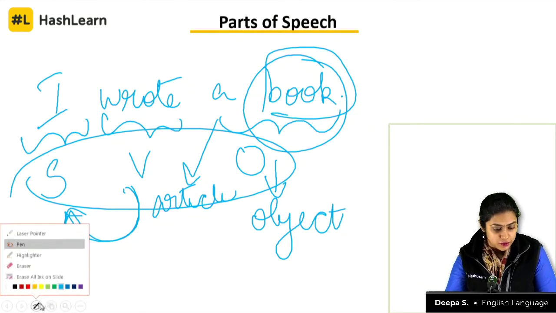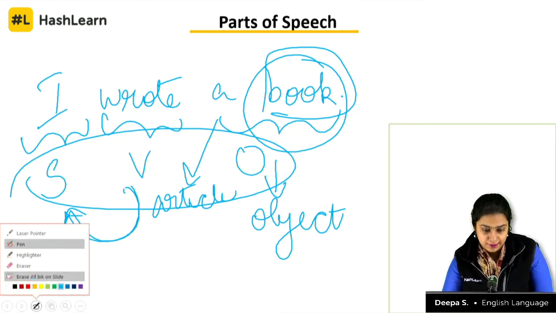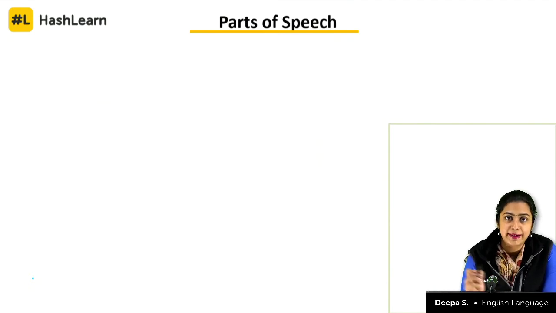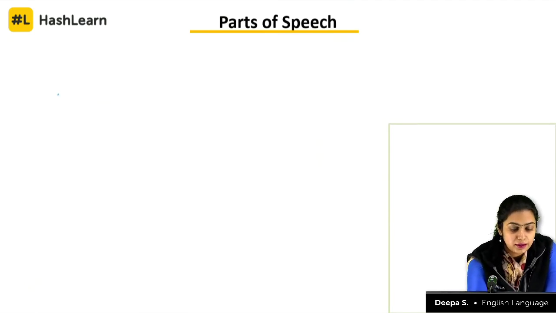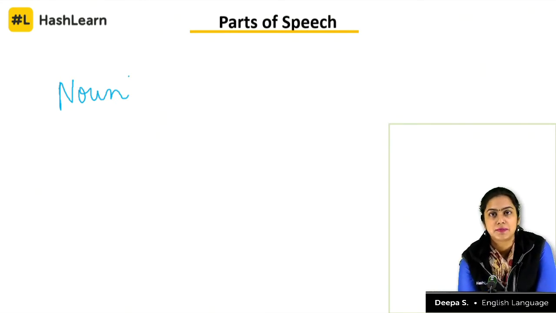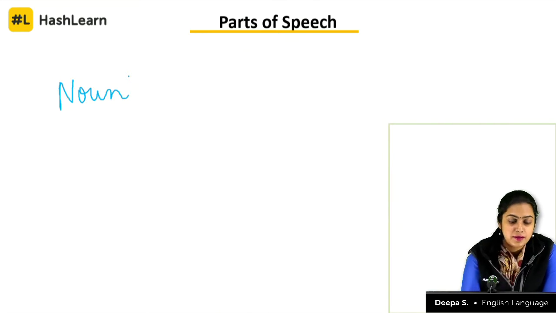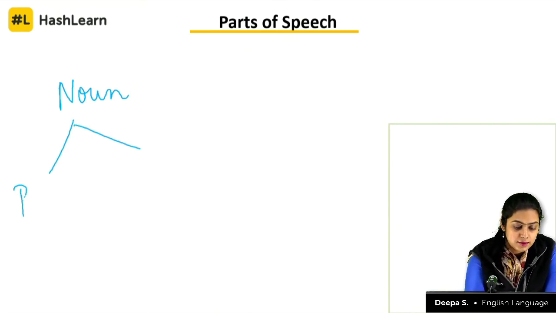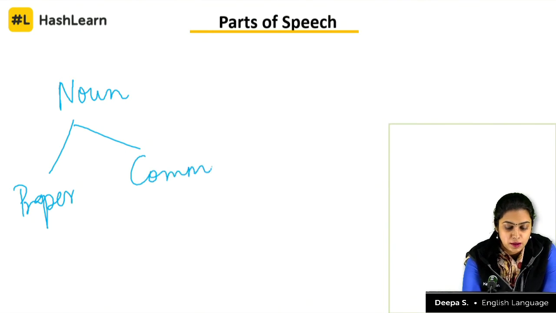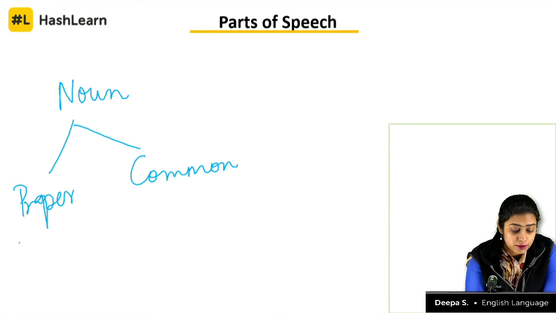Now, these are the most important parts of your sentence. The subject and object are typically nouns. Noun is an object of some sort. I am a person. Nouns broadly have proper nouns and common nouns. So a proper noun is your person.